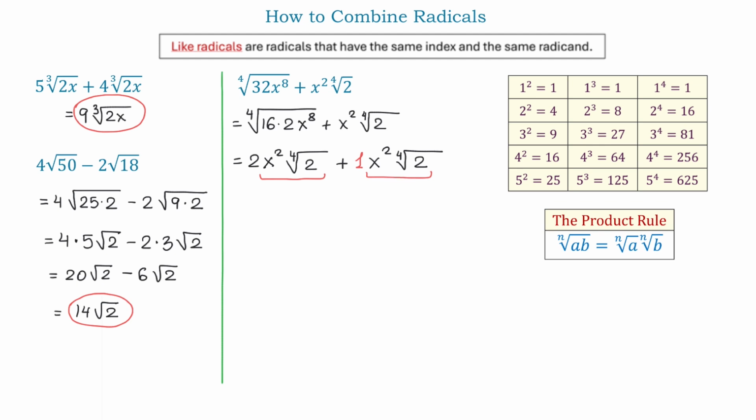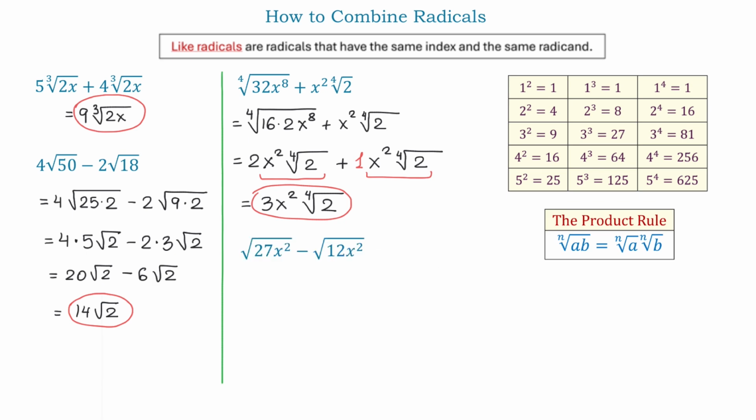And together, this makes 3x squared, the fourth root of 2. And to better understand why we add 2 and 1 and we keep this part the same, think about factoring it out. If we factor out x squared, the fourth root of 2, then inside the parentheses we will have 2 plus 1, which makes 3.